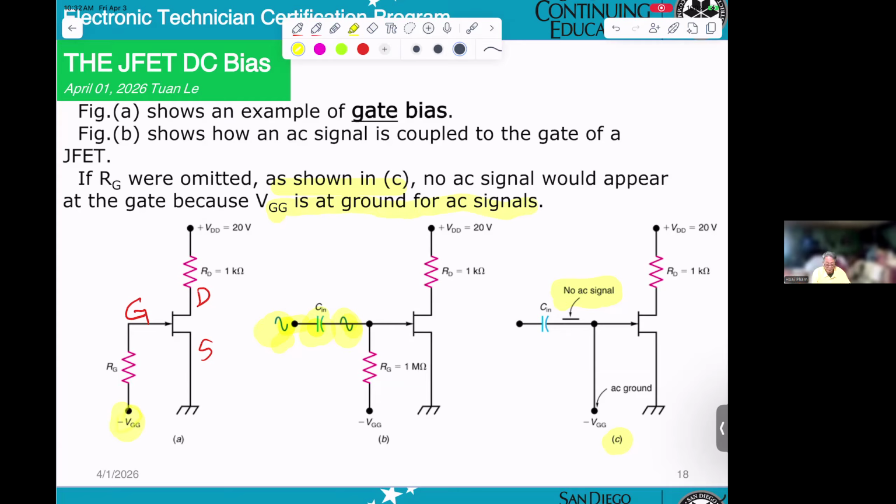When you work on AC, the DC voltage connected to the circuit must be grounded. If you get the voltage here and it is DC, it will be shorted to ground, so you don't have any signal.